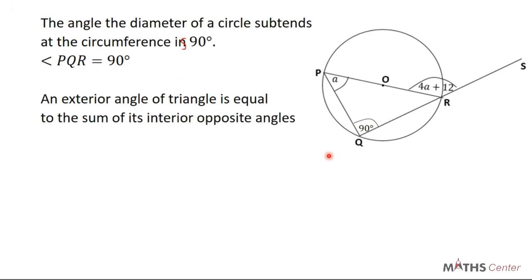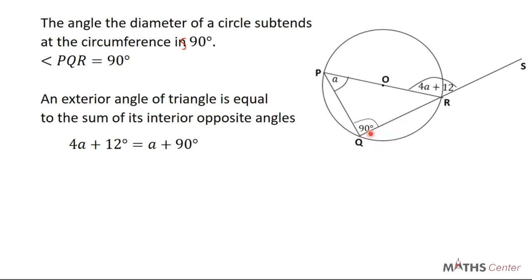We know that the exterior angle of a triangle is equal to the sum of its interior opposite angles. So this exterior angle here, which is 4A plus 12 degrees, has interior opposite angles A and 90 degrees.